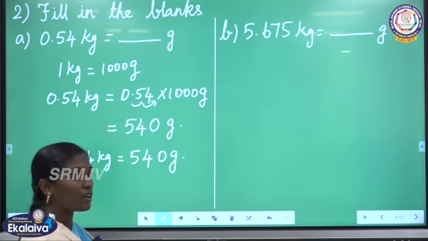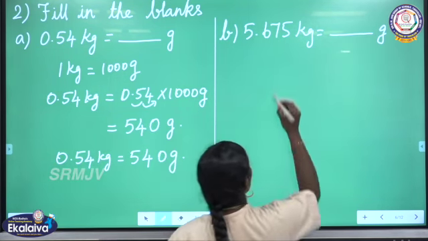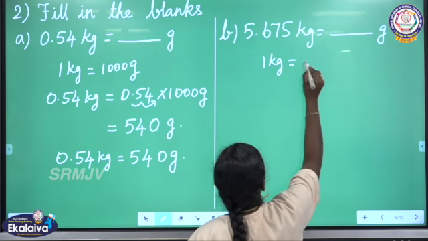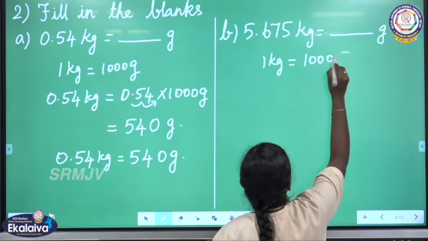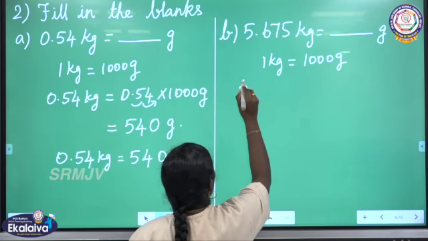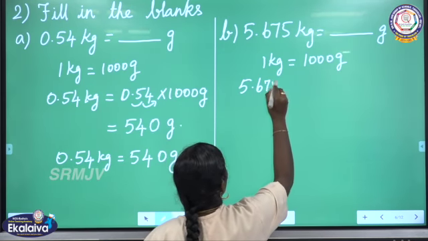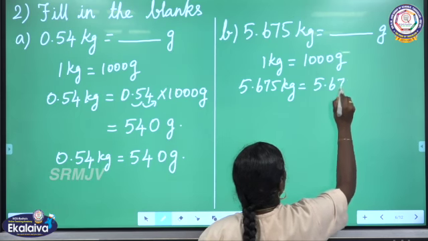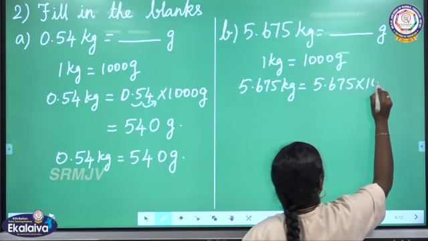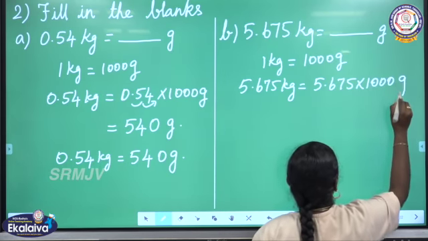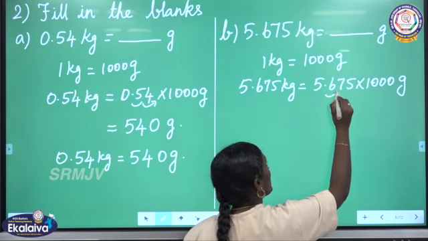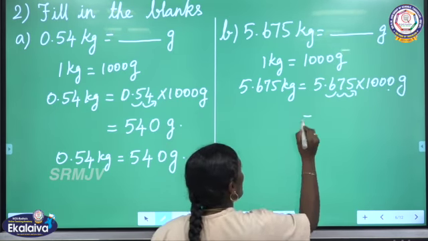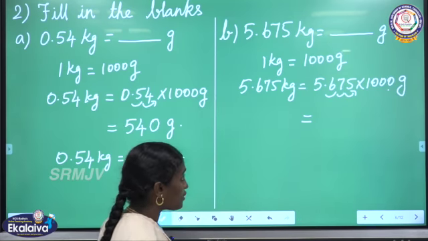The next one, 5.675 kilogram is equal to gram. Again greater unit to smaller unit, we have to use multiplication. 1 kilogram is equal to 1000 gram. Here 5.675 kilogram is equal to 5.675 into 1000 gram. 3 zeros are there, so we have to move the decimal point 3 places to the right.